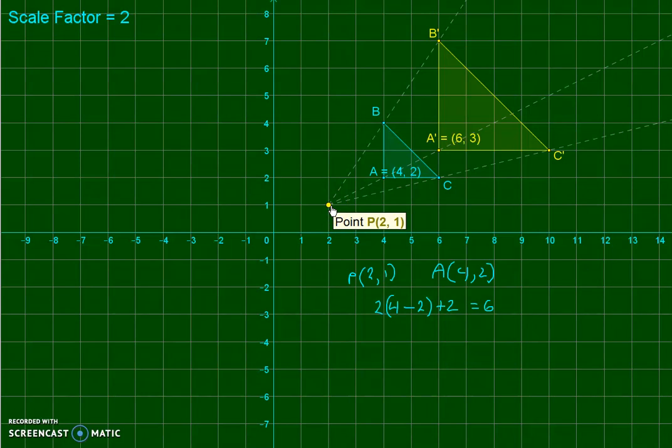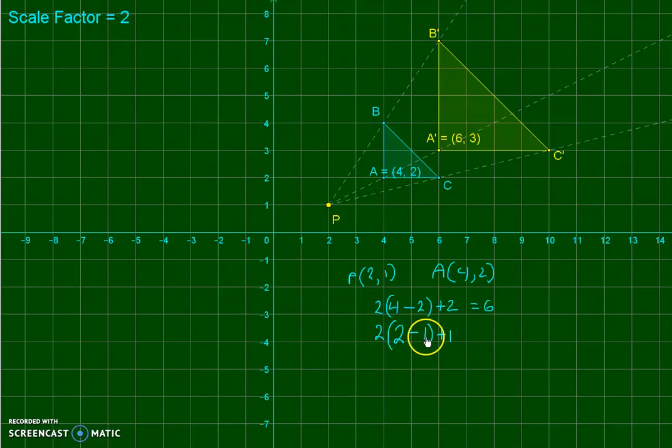Now we would do the exact same thing with the y coordinate. So for the y coordinate, we take the y coordinate of the point, which is 2. We subtract off the y coordinate of the center of dilation. We multiply that number by our scale factor, and then we add back the offset that we took off.